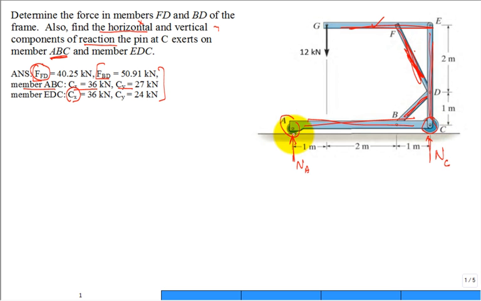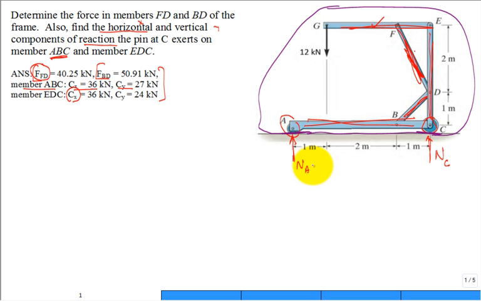So when I'm cutting the free body diagram, I'm cutting right underneath the wheel at A and then the supporting ground. Likewise, I'm cutting right underneath the wheel at C, and then I free my object and draw that free body diagram of that frame. So we can solve for the normal at A and the normal at C.